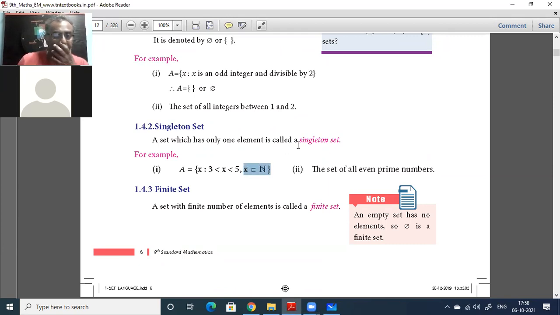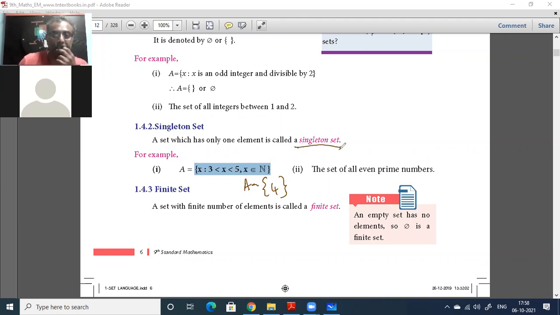N represents the set of all natural numbers. But it's greater than 3 and less than 5. What are the elements in this set? 4, uncle. That's all. Only one element, so it is a singleton set.